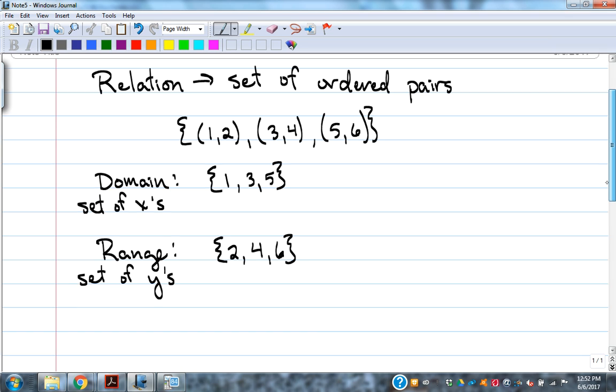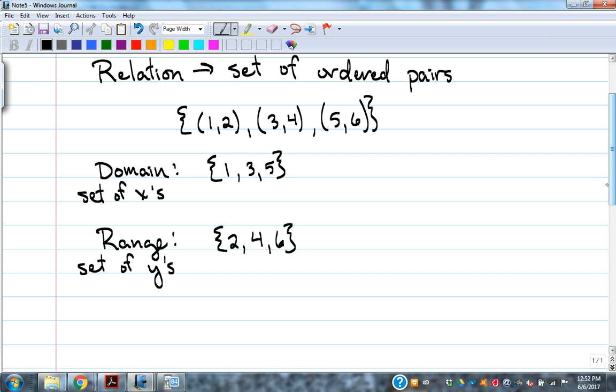Okay. Now, every relation is a set of ordered pairs. The title of this section is functions. So there must be something special about a relation that could be called a function.